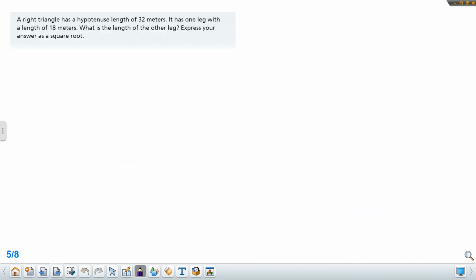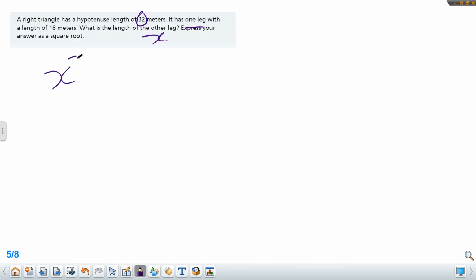Okay, the next one. A right triangle has a hypotenuse length of 32 meters and it has one leg with 18 meters. What's the length of the other leg? Here you have a hypotenuse which is 32 and a leg which is 18. What about the other leg? If you need to find that, first name it x, for example.